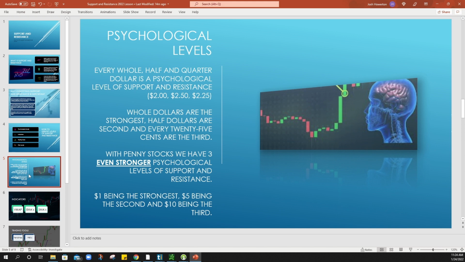One thing that is not on this lesson that I do want to point out is with penny stocks, I've noticed over my career that $8.75 is another psychological level of support and resistance. How many times have you seen a stock shoot right up to $8.75 and then get rejected? But there's no other reason for resistance.